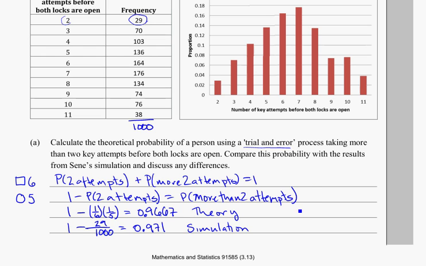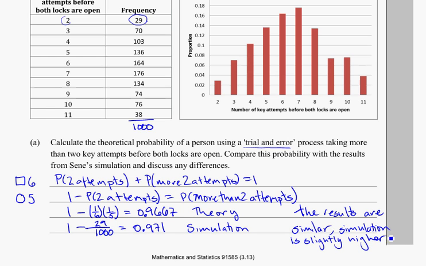So the results are similar. The simulation is slightly higher than the theory.